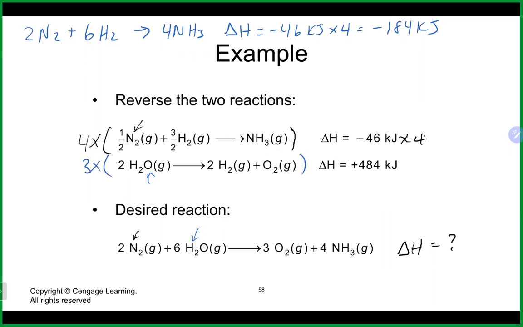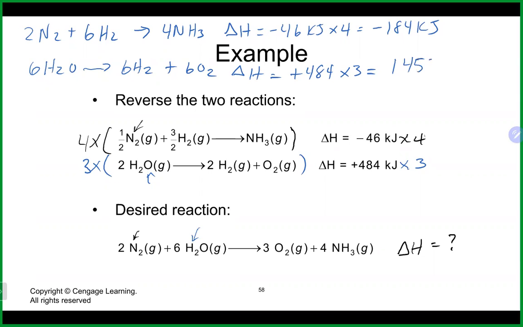We will also multiply our delta H value by 3, and that will give me 6 waters, and then that goes to the other side, 6 H2s plus 6 O2s. Once again, my delta H here is going to be positive 484 times 3, and that gives me 1452.